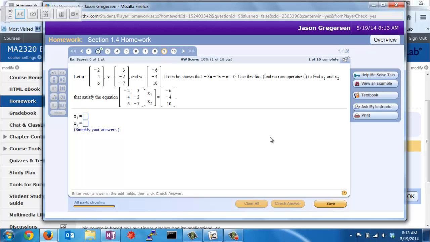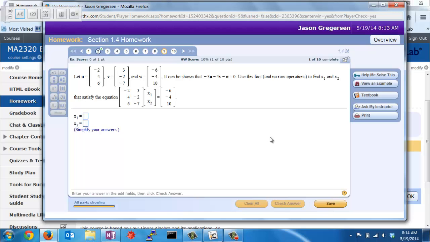We can go from a linear system to a vector equation to a matrix equation. And if we took that and wrote it as a vector equation, it would look like x1 times (negative 2, 4, 6) plus x2 times (3, negative 2, negative 7) is equal to (negative 6, negative 4, 10).